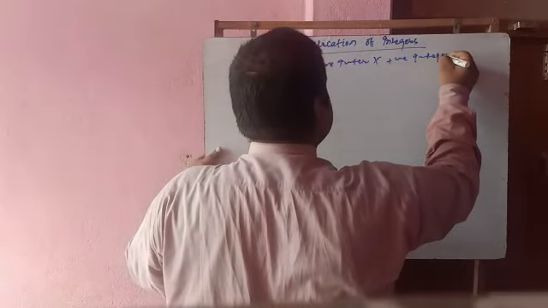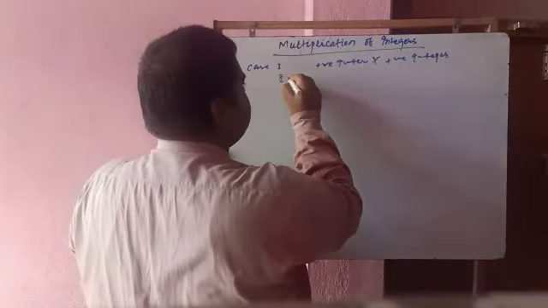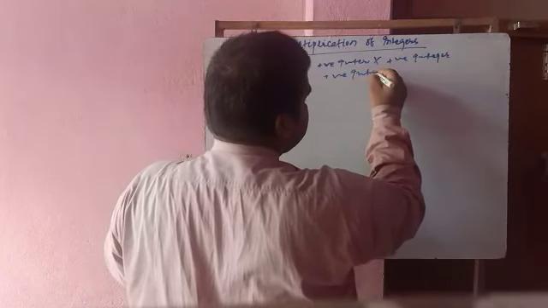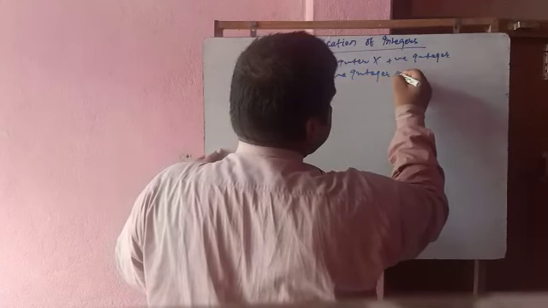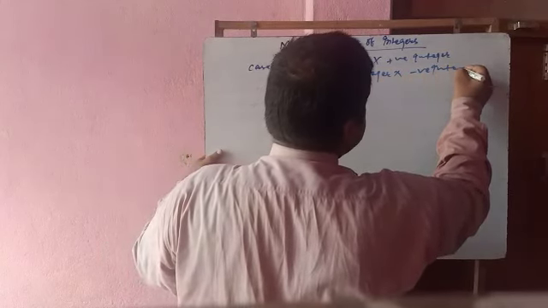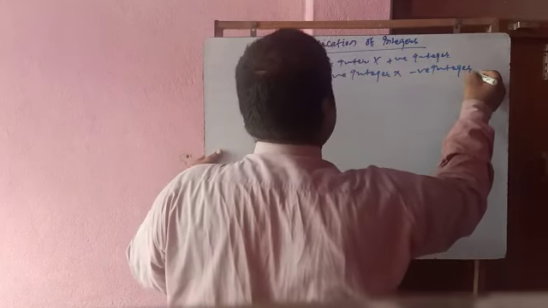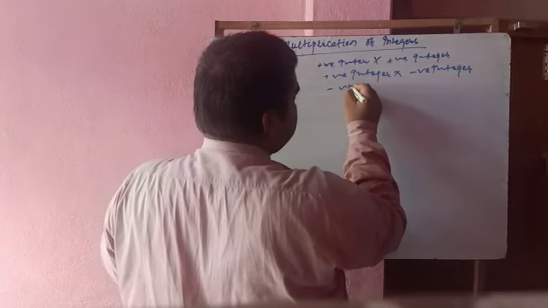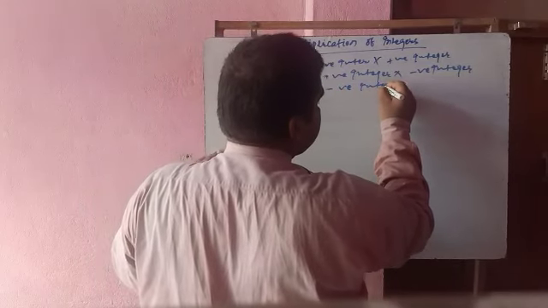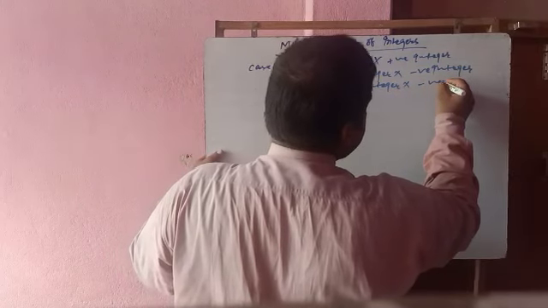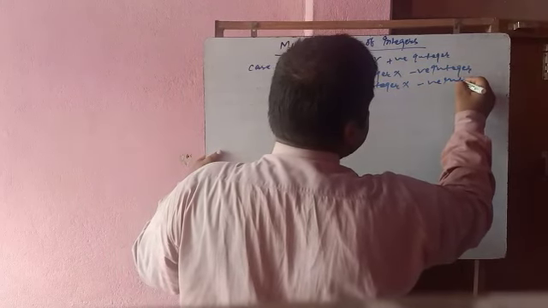The second case is when a positive integer is multiplied by a negative integer, and the third case is when a negative integer is multiplied by another negative integer.